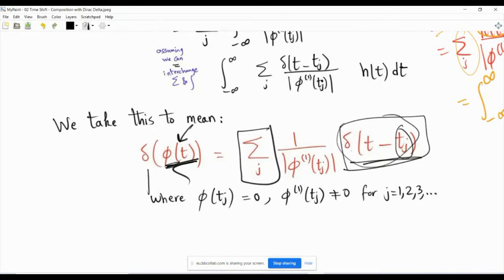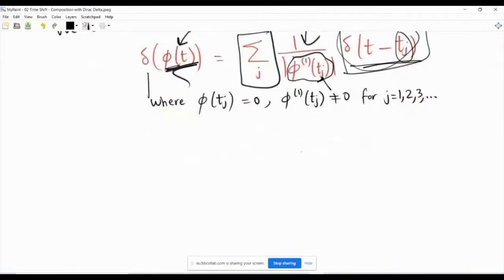Those Dirac deltas will not just be shifted. Each one of them will be scaled in amplitude by 1 over the absolute value of the first derivative of phi at tj. And remember that this is assumed to be strictly positive or negative, so we are not dividing by 0.